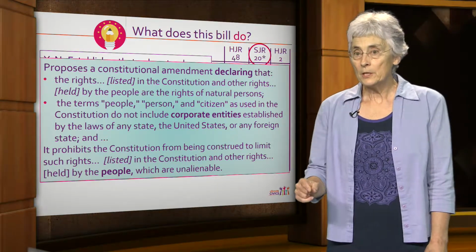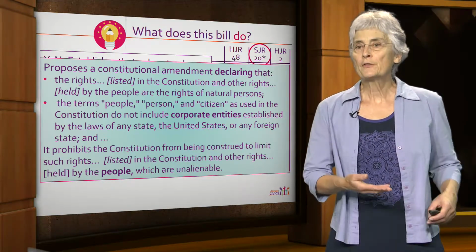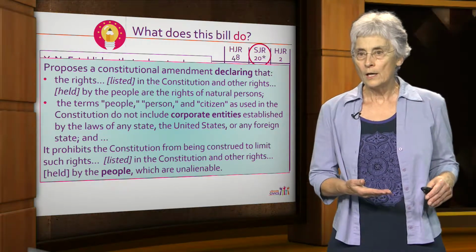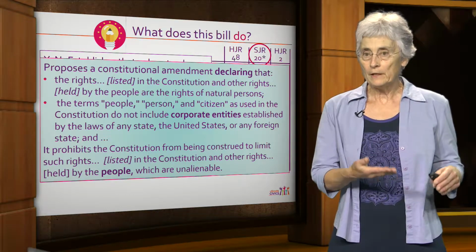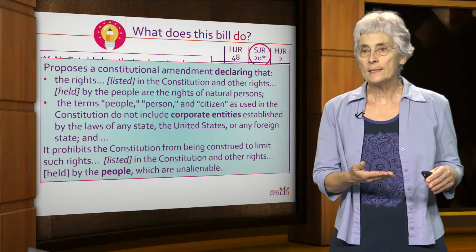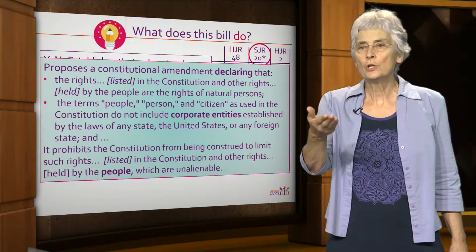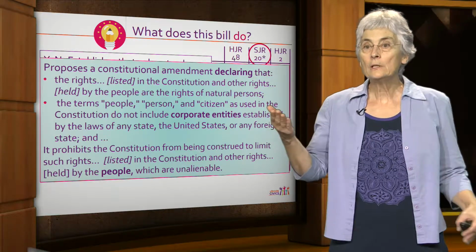So what this bill actually does is it elevates from common law the ability of corporations to hold constitutional rights, and it puts it into constitutional law. It's actually horrible.